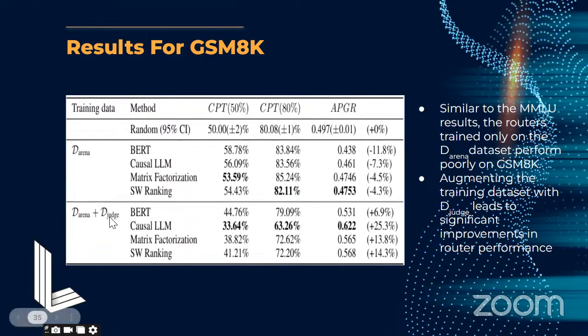But when it comes to the Arena and LLM judge dataset, the causal LLM performs better. This goes to say that for the GSM8K dataset, which consists of school math problems, the causal LLM can solve it way better than the other routing approaches. Whereas for open-ended questions or multiple choice questions, matrix factorization and SW ranking routing functions are much better.